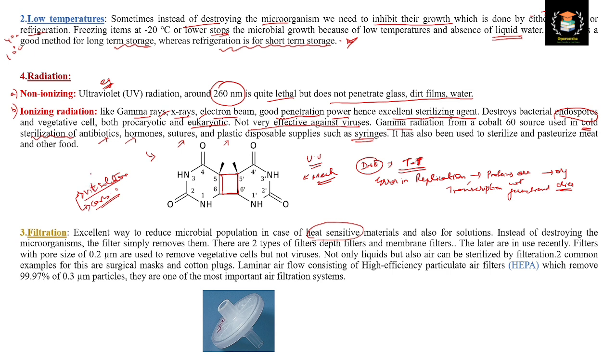You're putting your vitamin solution in a culture media so as to give it to your microorganisms to grow, but if you autoclave it, the vitamins are lost completely.